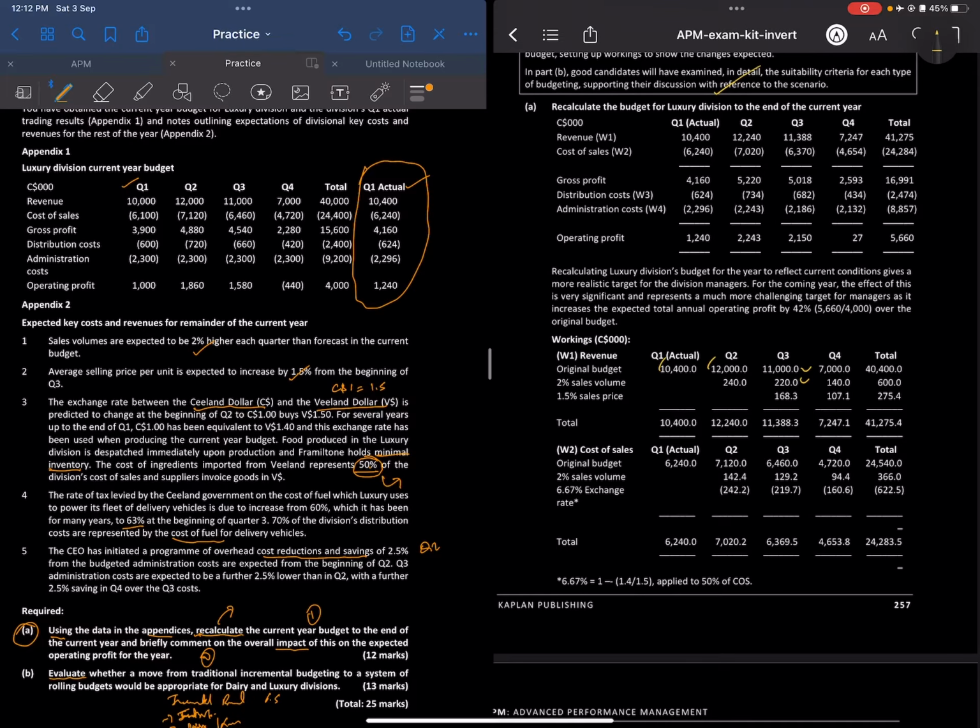So you add those two together, and out of the total volume plus the current revenue, it's going to increase by 1.5%. Similarly, you get your total figure, right? All good until over here, right?